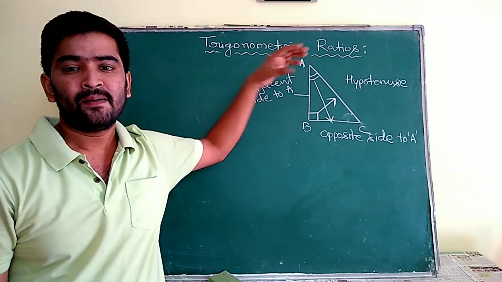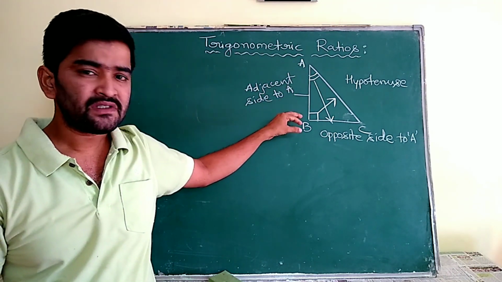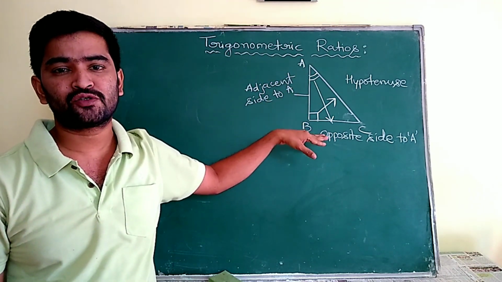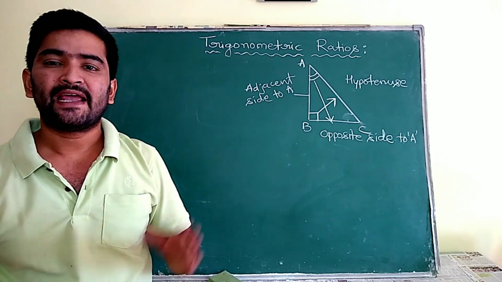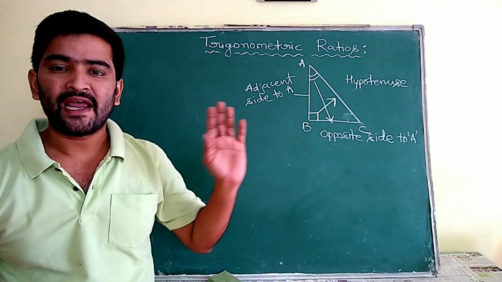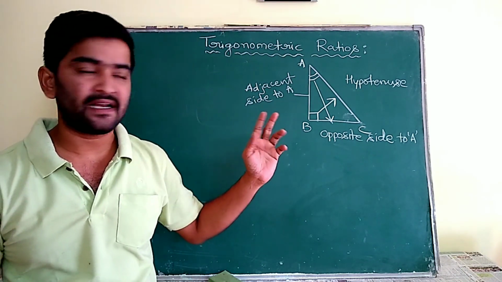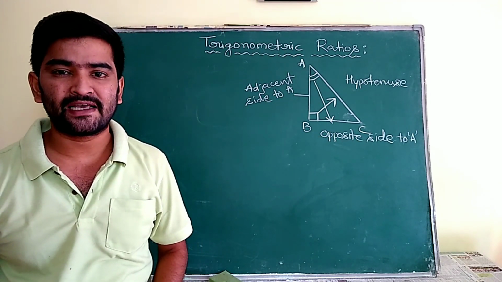For pointing out the adjacent side, one more action plan we may use. We are familiar that in a right angle triangle, the angles may lie on either of the perpendicular legs. Here AB and BC are the perpendicular legs.